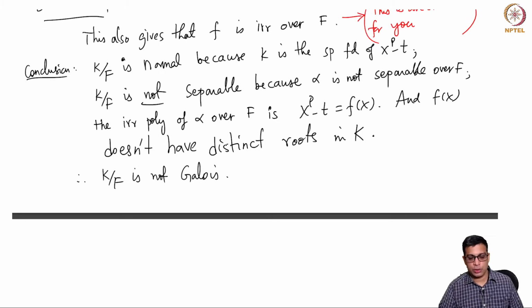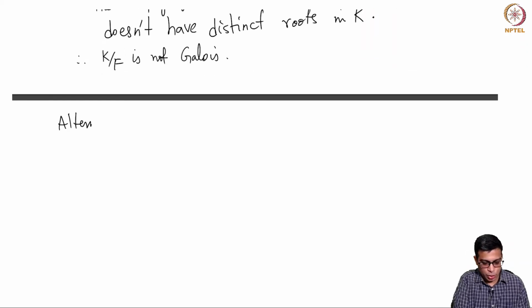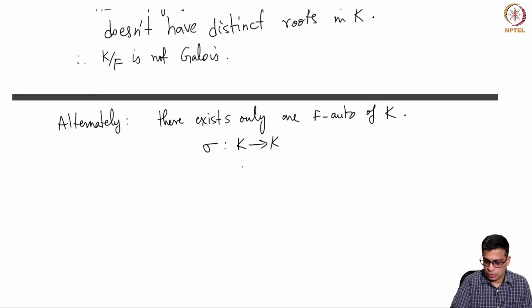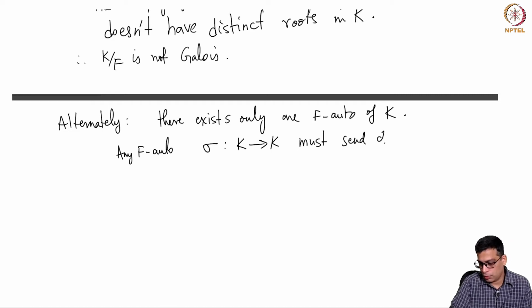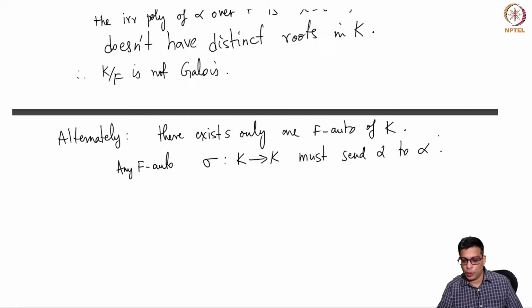Okay. So, alternatively you can show non-Galois by showing there exists only one F automorphism of K, right, because any F automorphism must send alpha to alpha, because alpha is the only root of the irreducible polynomial of alpha.